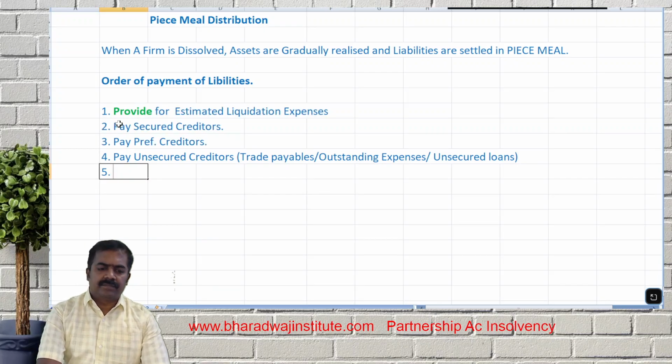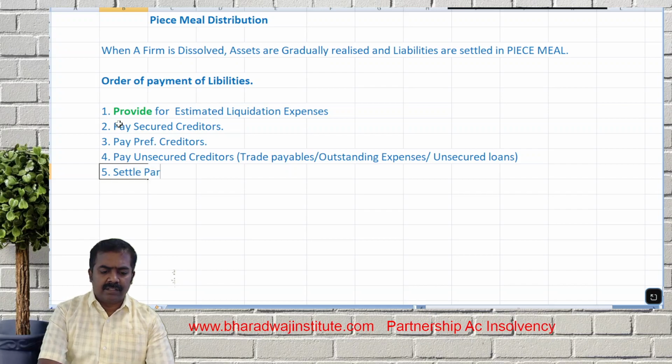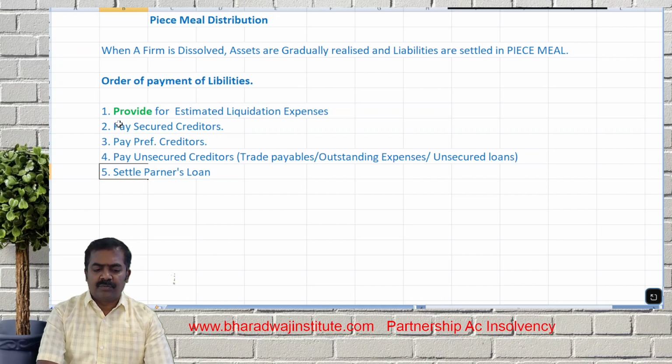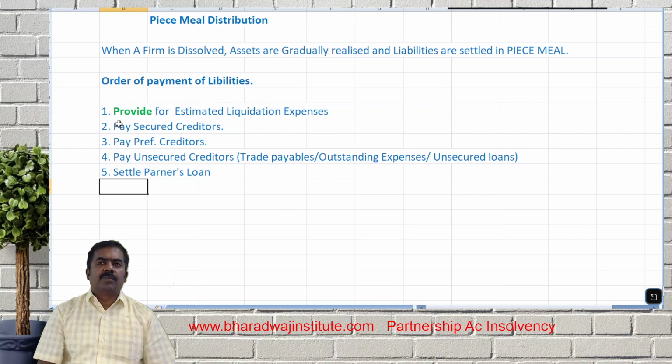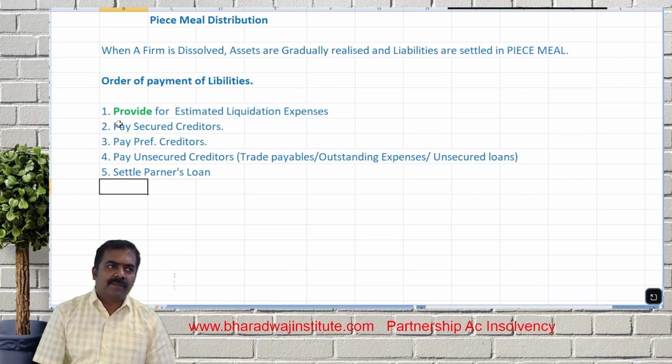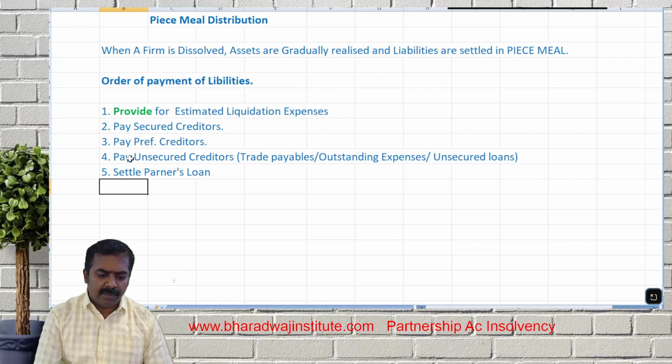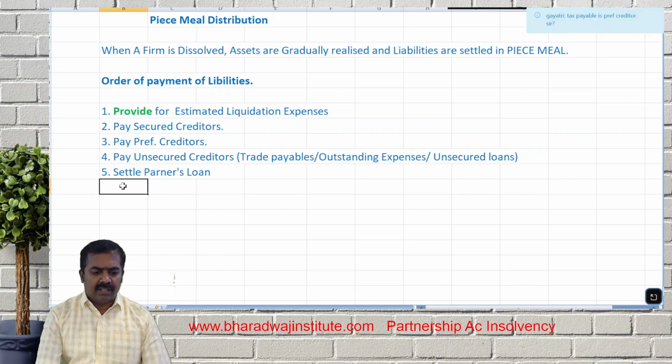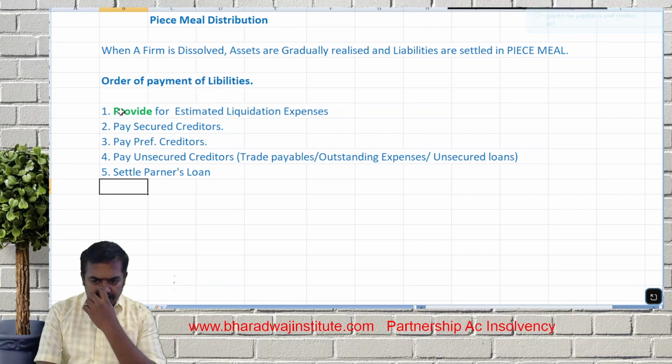What is the next one? Pay or settle partners' loan. Loan from the partner should be settled. What about loan from a partner's spouse? That may be secured or that may be unsecured.